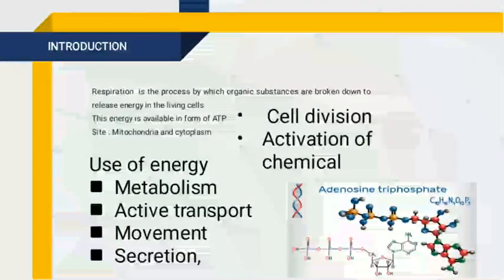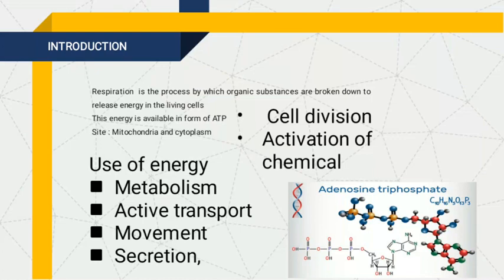Now, when we look at respiration, this is the process by which organic substances such as glucose, amino acids, or lipids are broken down to release energy in living cells. This energy is made available to living cells in form of what?